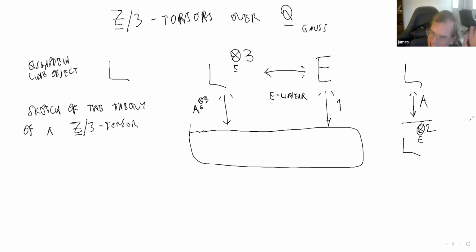And there are still details to check here, and the details have to do with interpreting the notation, mostly. Making sure that this really is a correct sketch of the representation category of this group over the rational field.